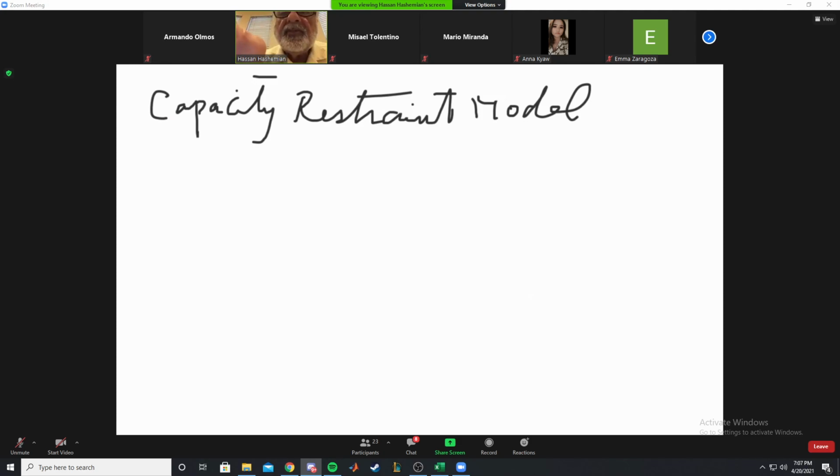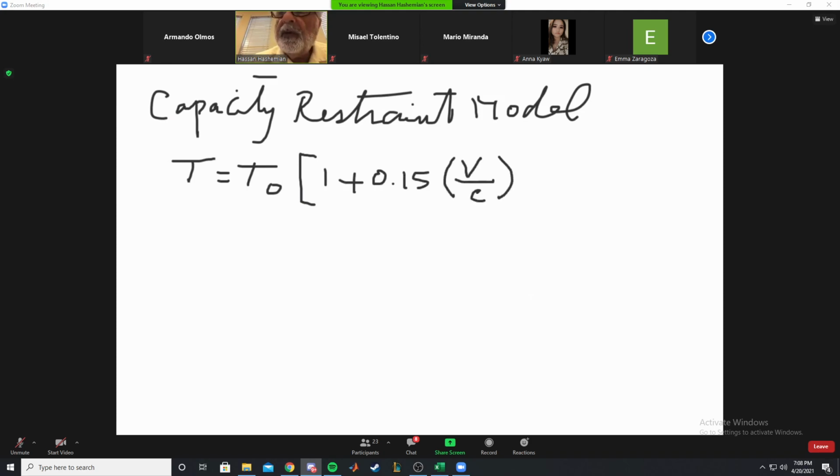The capacity restraint model formula is T equals T0 times 1 plus 0.15 times the V over C ratio to the power of 4. This is in your book, page 282, or 290, maybe.